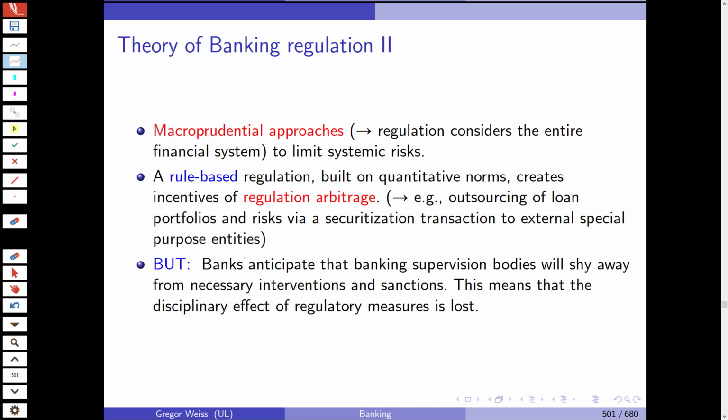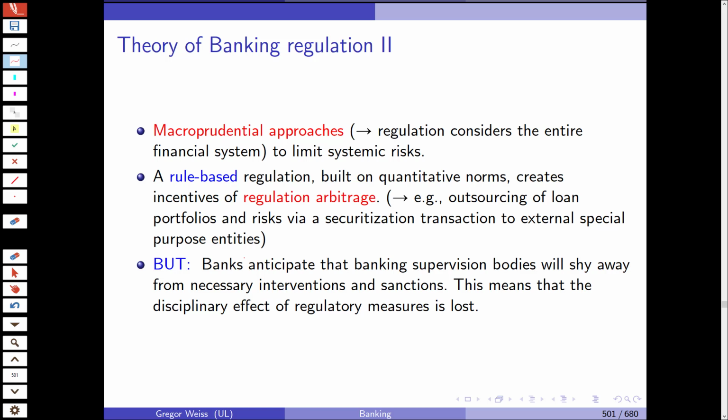We can then, first of all, distinguish micro and macro-prudential approaches. It used to be, before the financial crisis, that banking regulation and supervision was micro-prudential. Bank supervisors only looked into individual banks, and they looked at the potential of this bank to go bankrupt, to default.